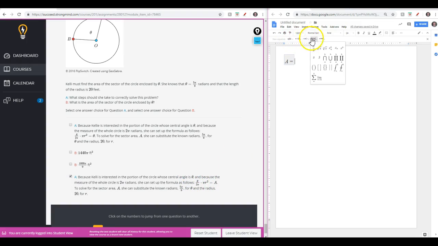So we have area is equal to theta divided by 2 pi times pi r squared, which is the area of the circle. So now we know that theta was 5 pi ninths. We know that our radius was 20.